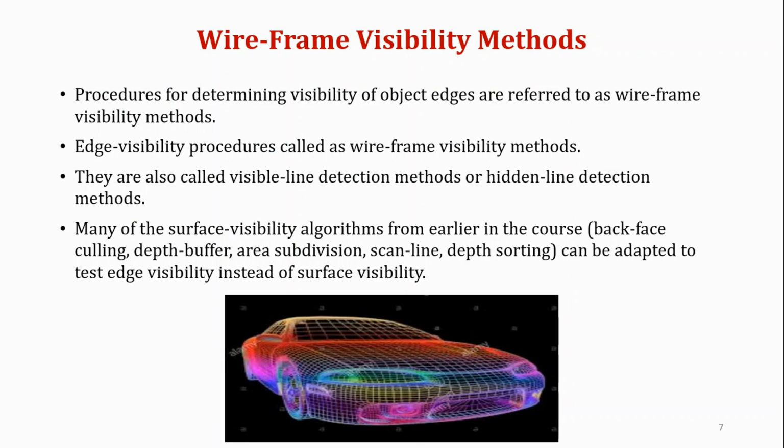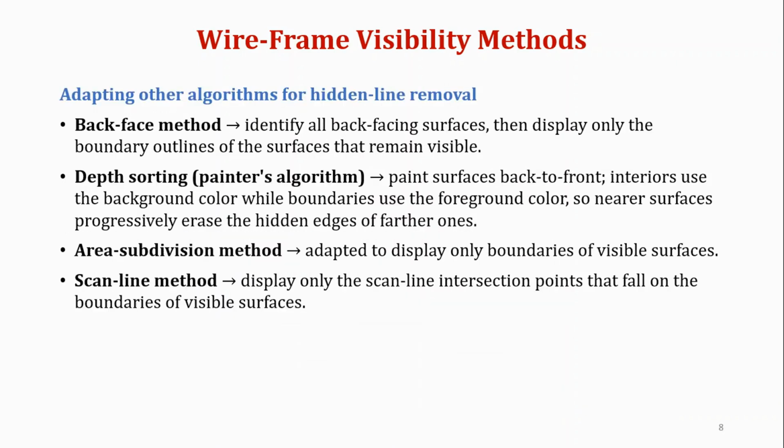The visibility determination of wireframe models is known as wireframe visibility, visible line detection, and hidden line removal. The objective is to display only the edges that are visible to the viewer, while removing the hidden edges. This improves clarity and makes engineering drawings easier to interpret. Okay, that is the wireframe visibility method.